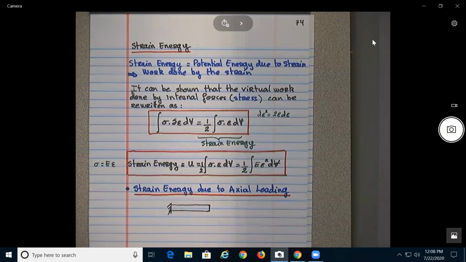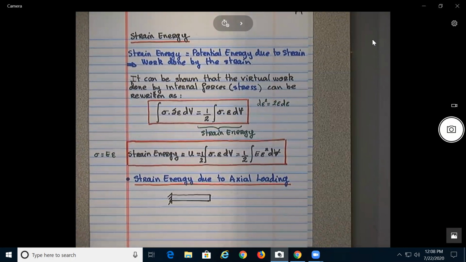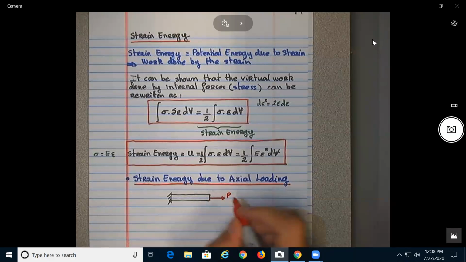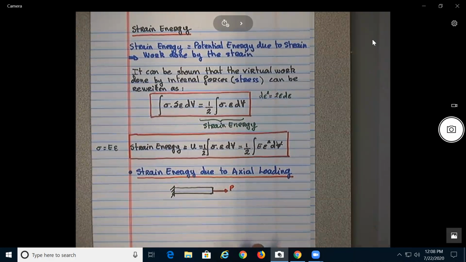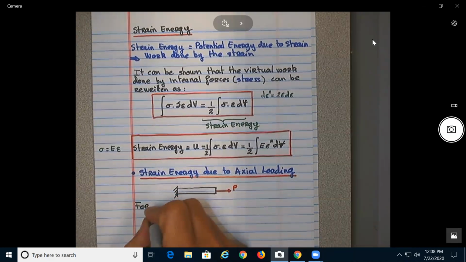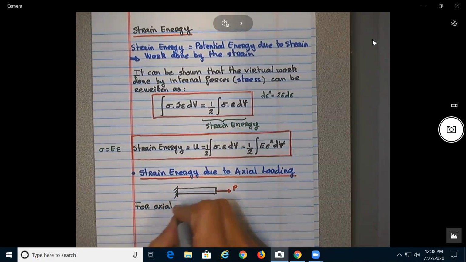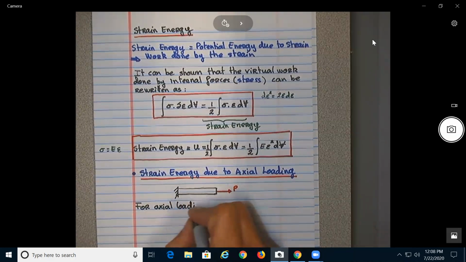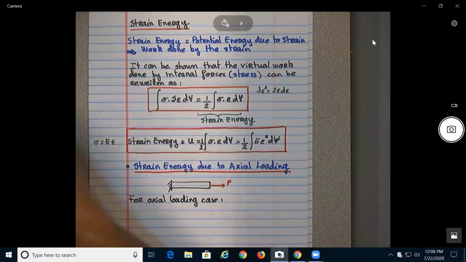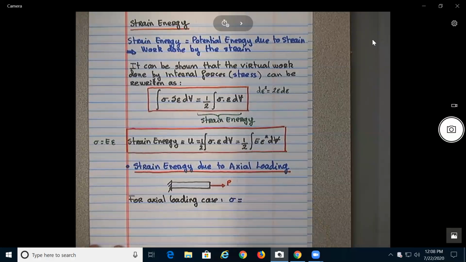And what is axial loading? Force being applied in the axial direction of the cross section, all right? So for this axial loading case, what is the expression for the stress?